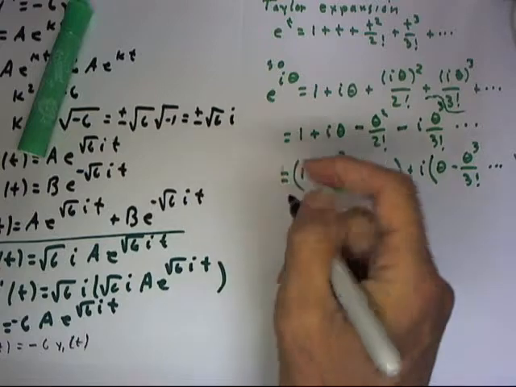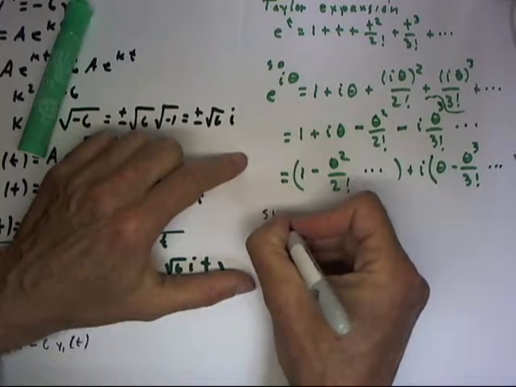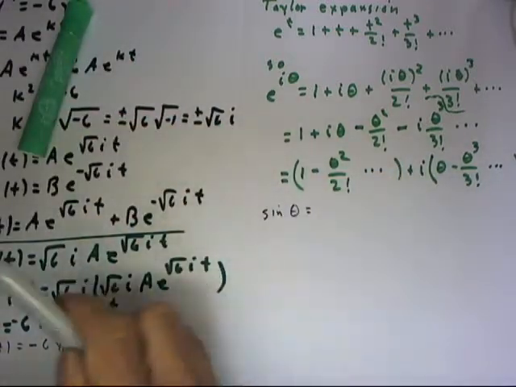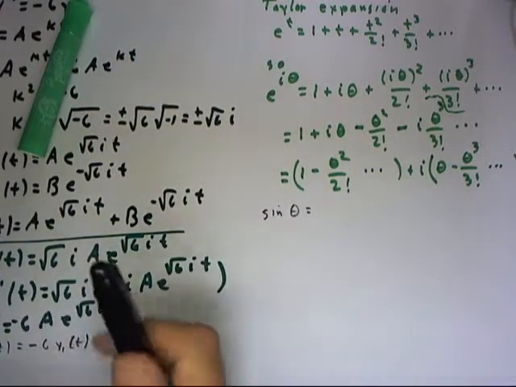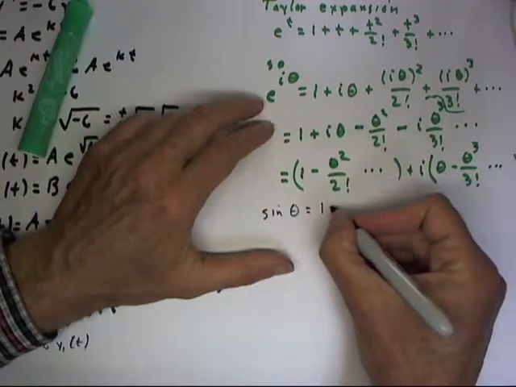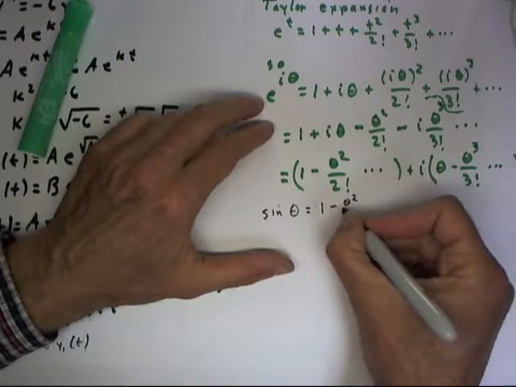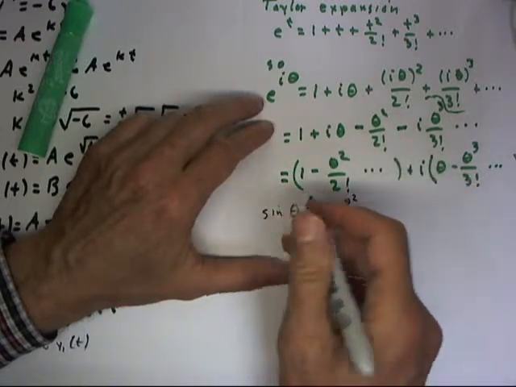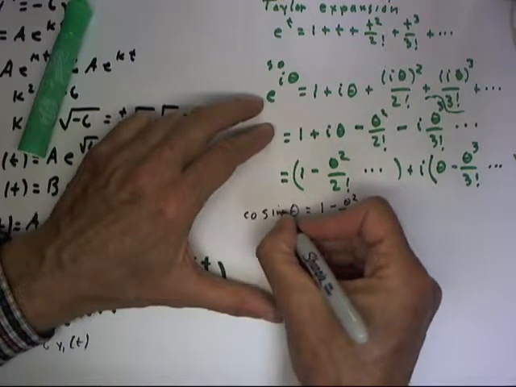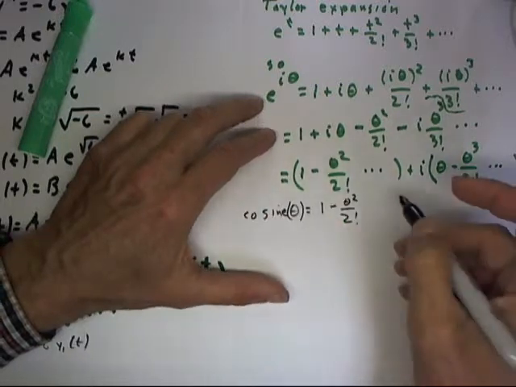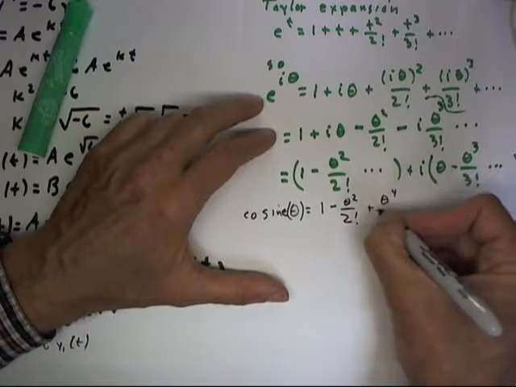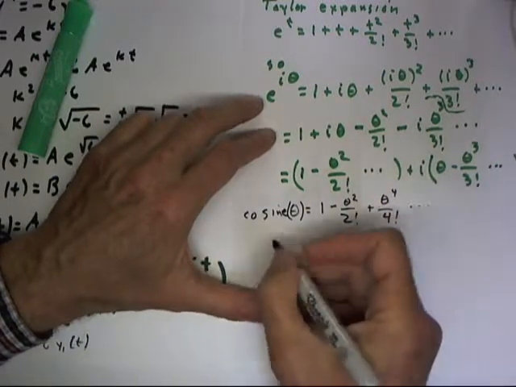And I'm going to simply note a couple of important expansions. Cosine of theta is going to be 1 minus theta squared over 2 factorial plus theta to the 4th over 4 factorial, and so on.